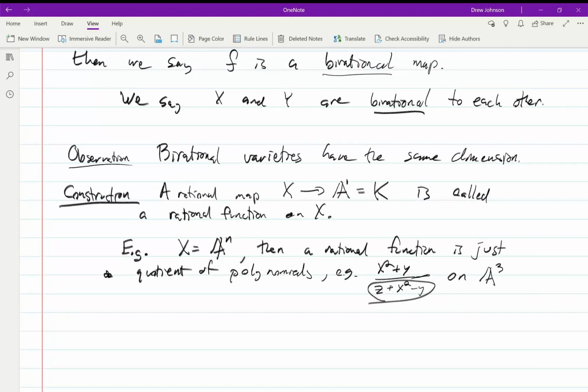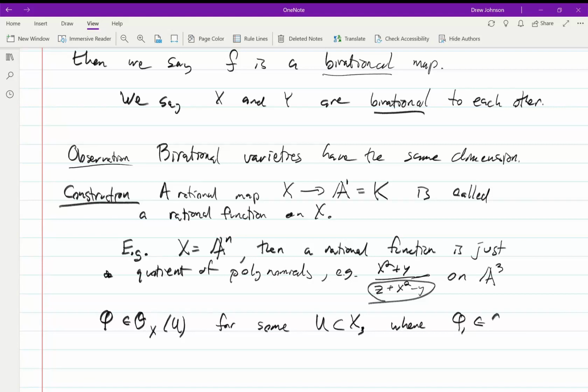Okay, so another way to think about what a rational function is. A rational function is just phi in O_X of U for some U, an open subset of X. Sorry, that is not P_X, this should be O_X, the structure sheaf.